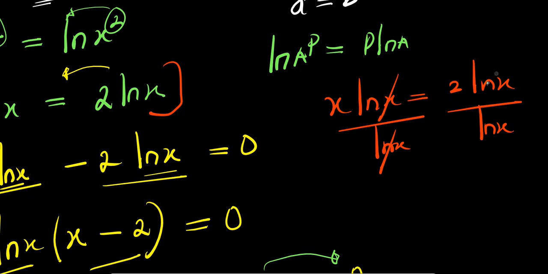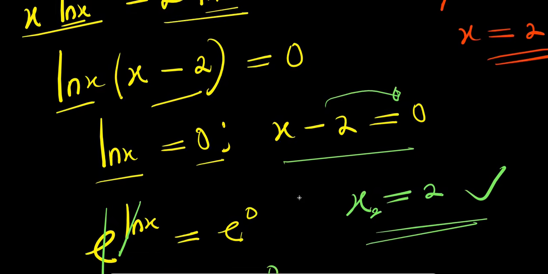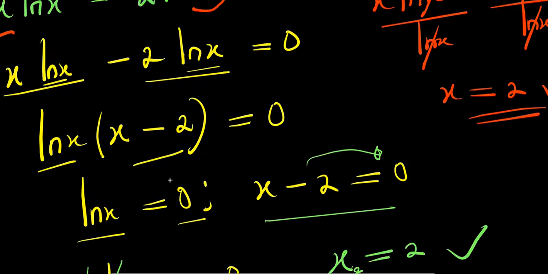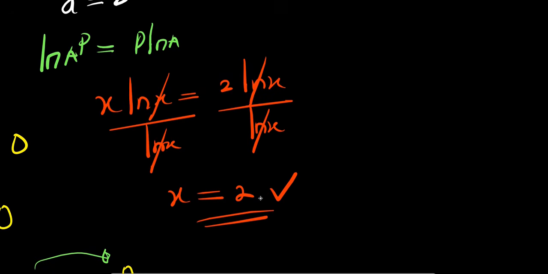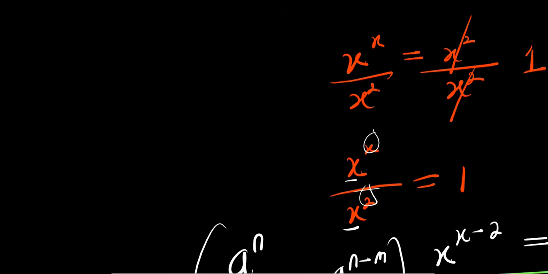This cancels, this cancels, and this will give me x equals 2. This will not give you the other value of x, except you form an equation using this particular method. If you just divide, you are going to have only x equals 2. So those are the different methods you can easily use to solve this exponential problem.